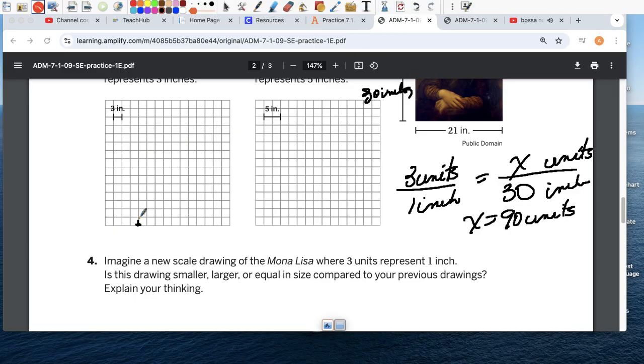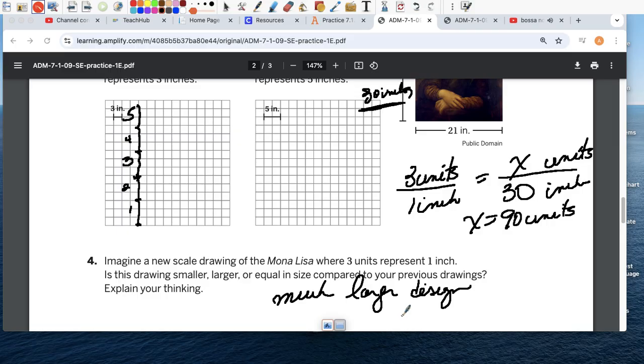So starting at the bottom. 1, 2, 3, 1 inch. 1, 2, 3, 2 inches. 1, 2, 3, 3 inches. Notice that we have a long way to go, and I'll just go a few more. 1, 2, 3, 4 inches. 1, 2, 3, 5 inches. We have to go 30 inches. So this is going to be a much larger design.